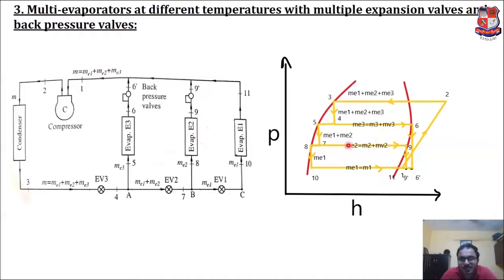So 8 to 9 is this process where we are having Me2 is equal to M2 plus MV2. So here MV2 is the vapor which is generated in this expansion device, and M2 is the liquid refrigerant which is passing through evaporator E2.